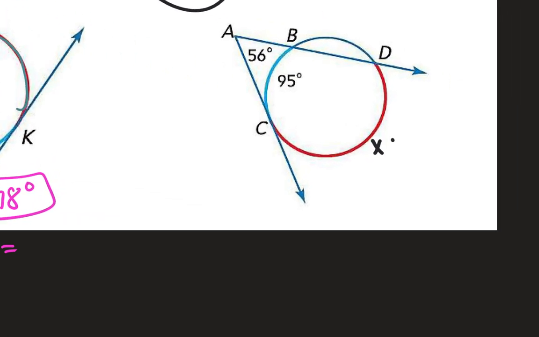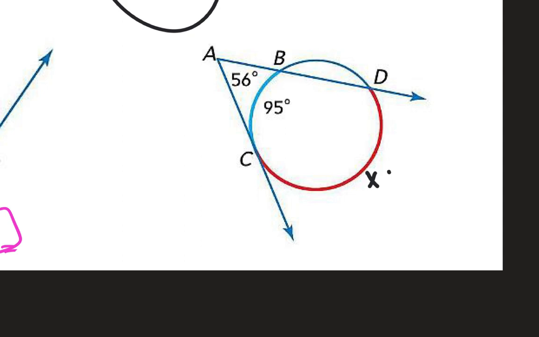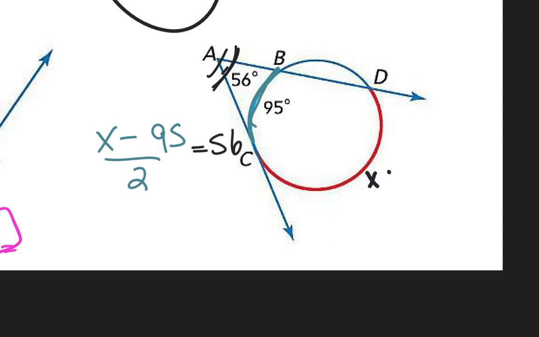What do I have labeled as my big arc? X. What's the small arc in between the two lines? 95. Divided by 2, what angle did that give me? 56.